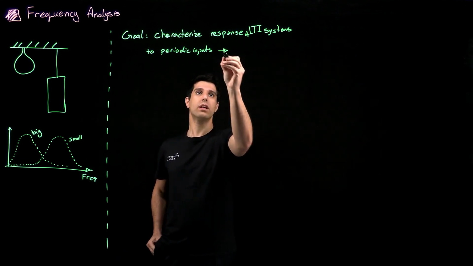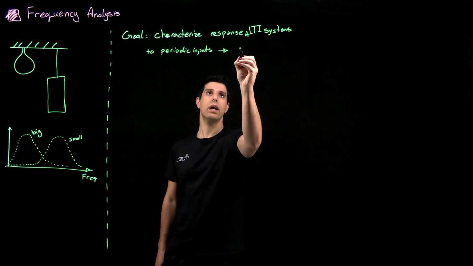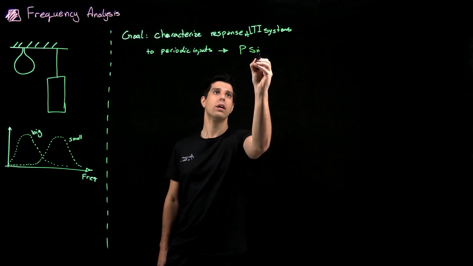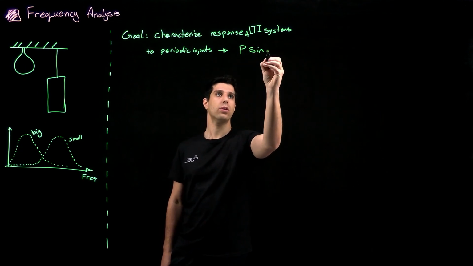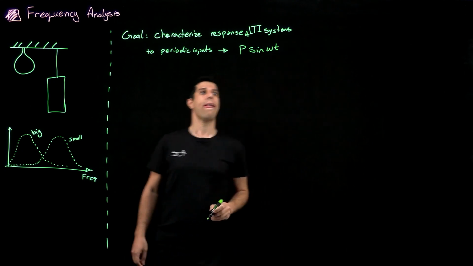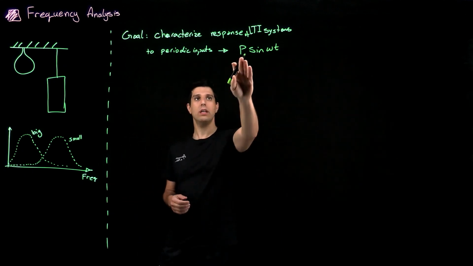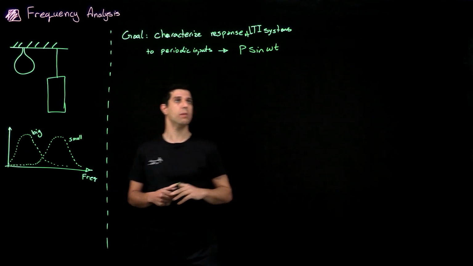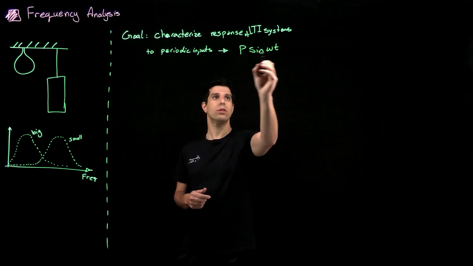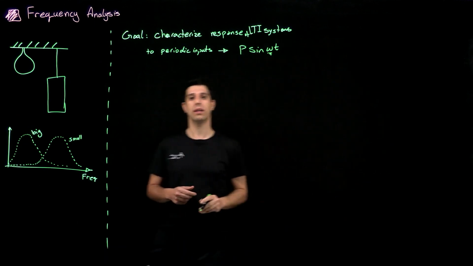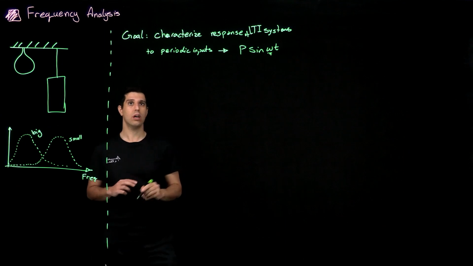And specifically, we are looking at inputs that look like a harmonic or sinusoidal input. So P is some amplitude of the input we provide to the system, and we are putting that in at a frequency of omega.